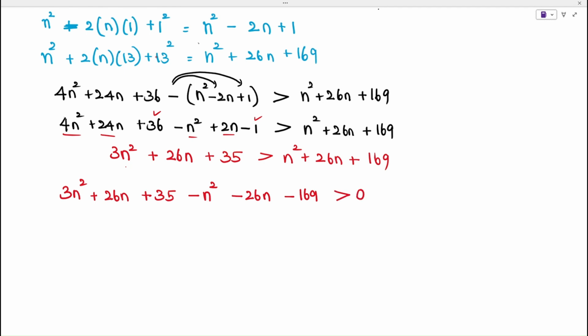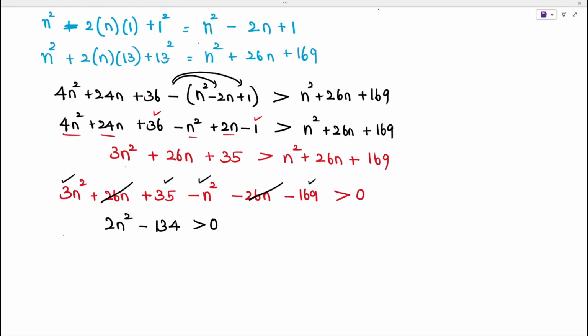Now when we simplify, 3n² − n² gives us 2n². The 26n's cancel out, so that's just no value for n. And then we have 35 − 169. Now if you do it, you will get −134, and this is greater than 0.